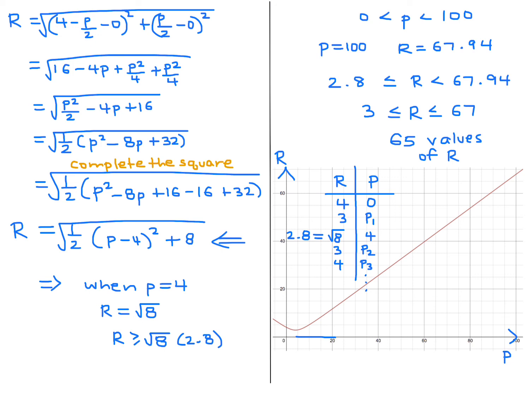Eventually, I'll get to some value of P, let's just call it Pn, that will give me the highest value of R, which is 67. So I'll put that in here, 67. So this is an understanding of how R and P work. You will get a whole bunch of values of P that correspond to integer values of R between 3 and 67, and that's 65 values of P.